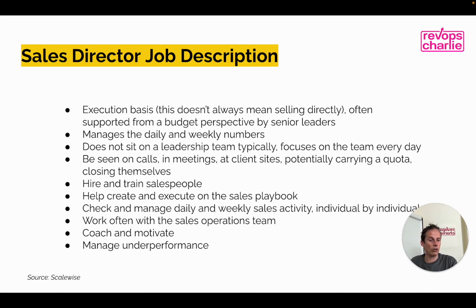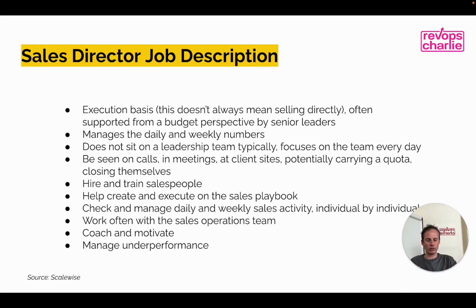They are there also to coach, to support, to motivate, and to manage out any of those sellers that are underperforming. The key thing here is they are laser focused on the team and selling and winning new business.